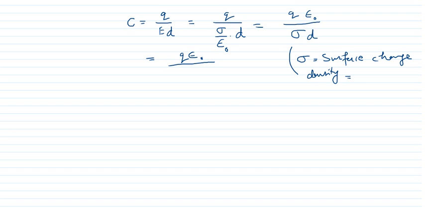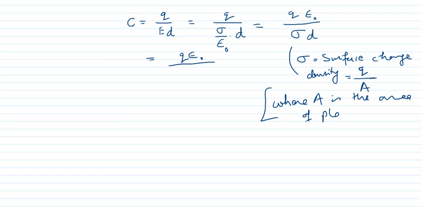Now here you can see sigma is surface charge density, so therefore it is equal to charge per unit area, where A is the area of plate of capacitor.